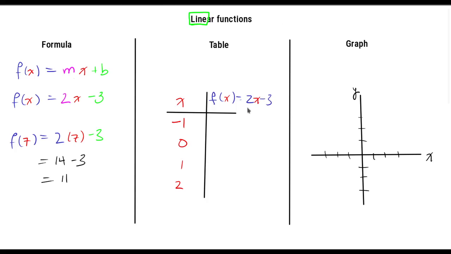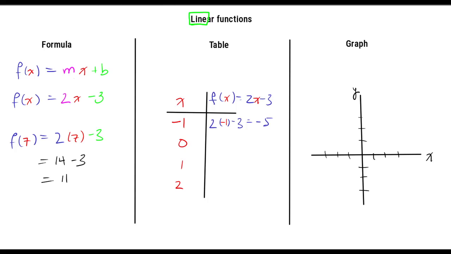If we plug in negative 1 for x, we get 2 times negative 1 minus 3, and we end up with negative 2 minus 3, that's going to be negative 5.